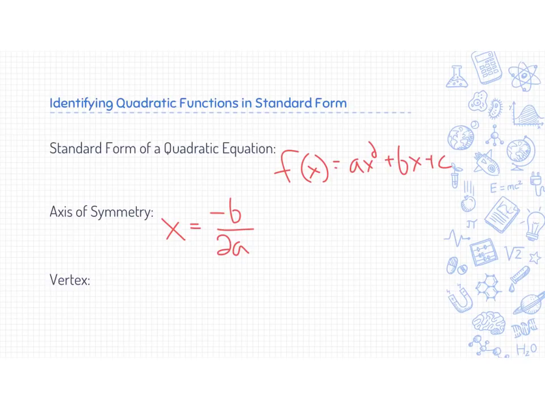So taking our b and a values, substituting them in, that gives us the x value of our axis of symmetry. And then our vertex is taking the negative b over 2a, which is our x value. And then whatever that value is, you plug it into your function, and that gives you a y value. And you'll see how that works later.